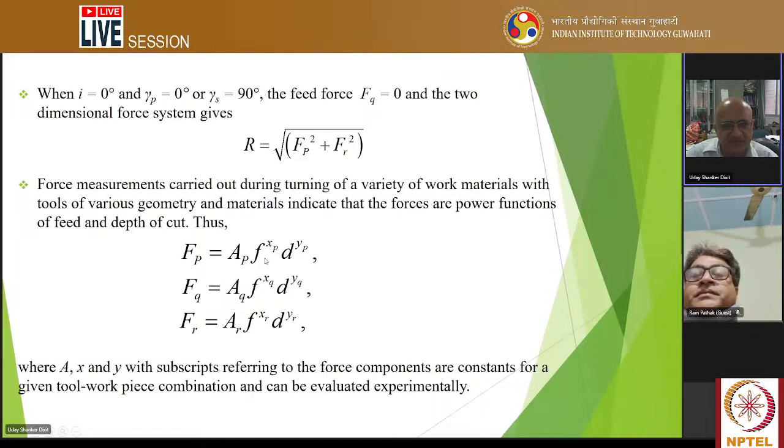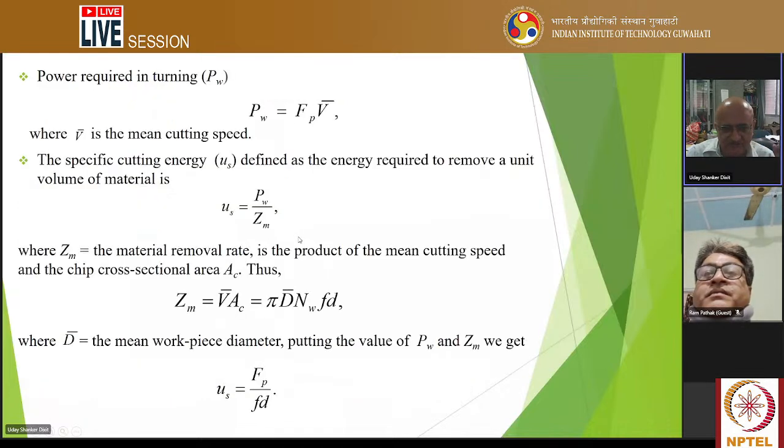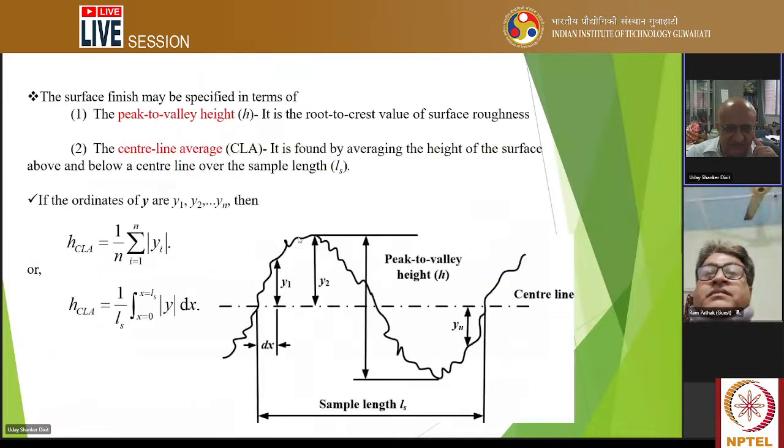In many mechanistic models, this type of relation is used, and these coefficients can be obtained in an empirical way. So it is something like a semi-analytical approach, because that gives you reasonable results, and these are the power consumption and surface finish.